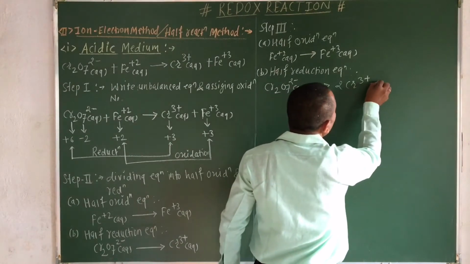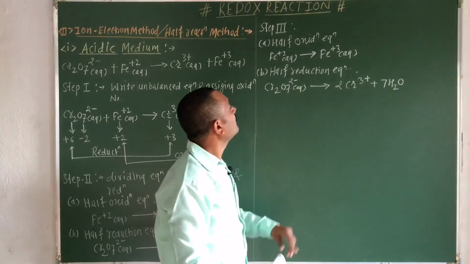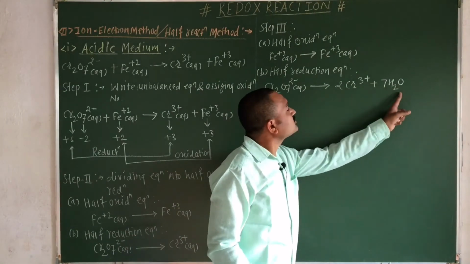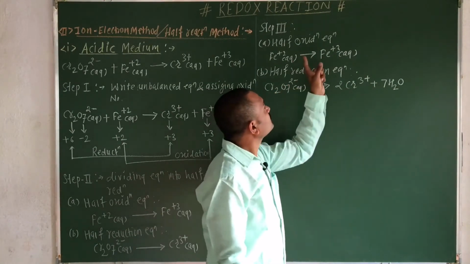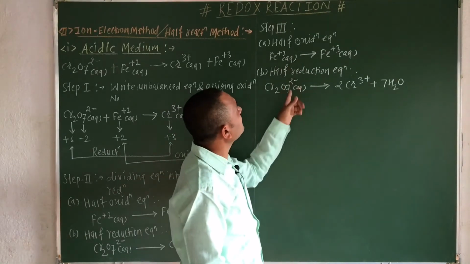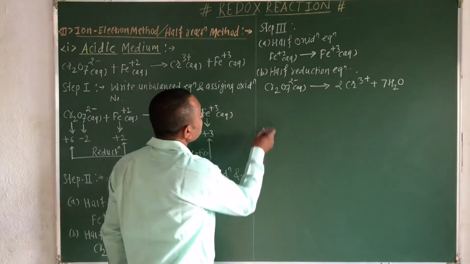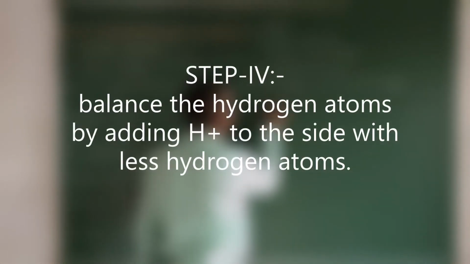On the right hand side we are going to add 7 H2O, 1 H2O for each oxygen atom. So this is about step number 3. It is very simple: balance the other atoms along with the oxygen atoms. Now let us go to step number 4.